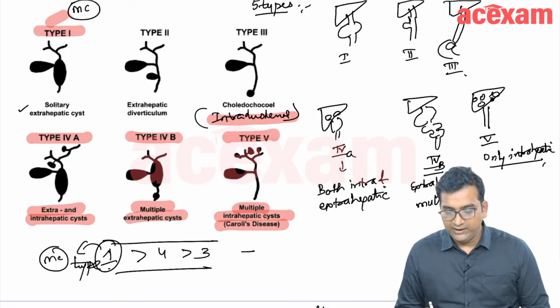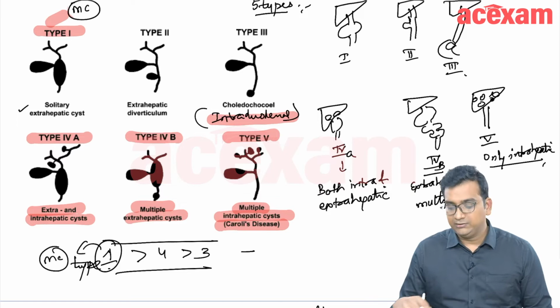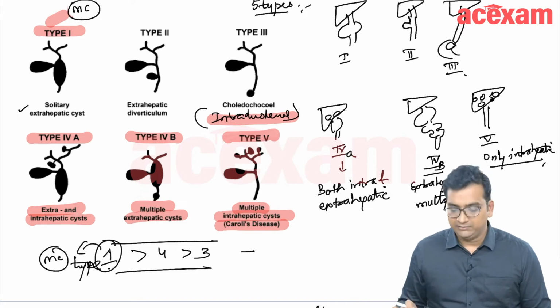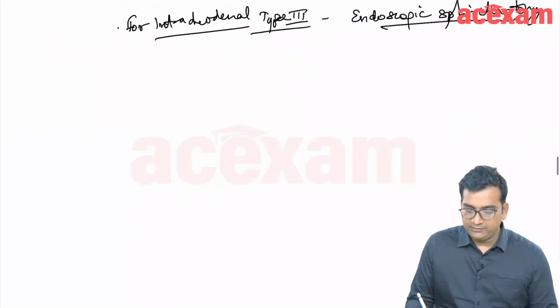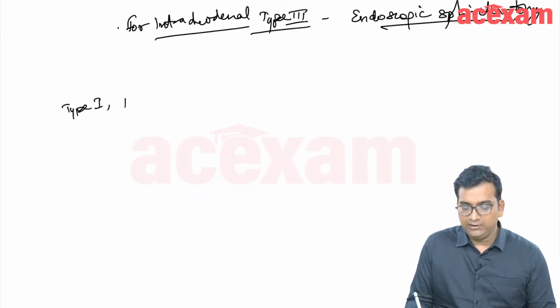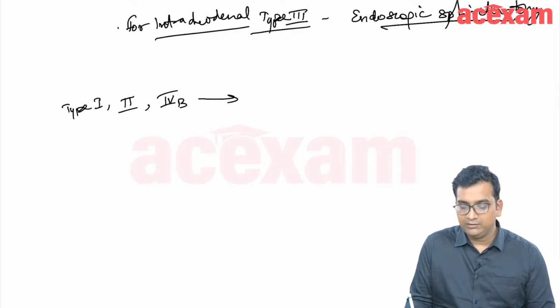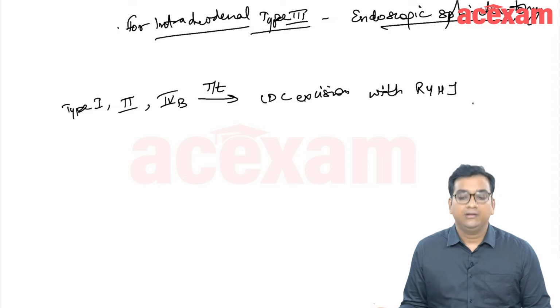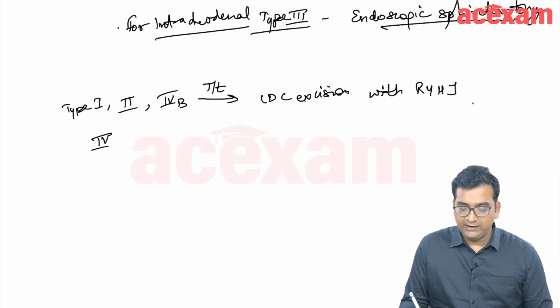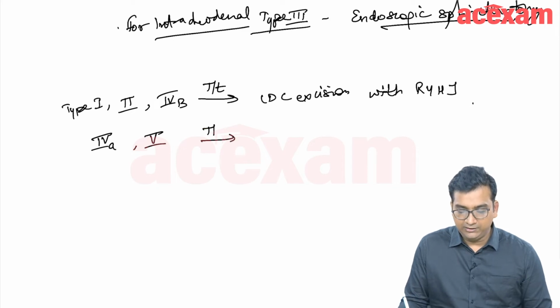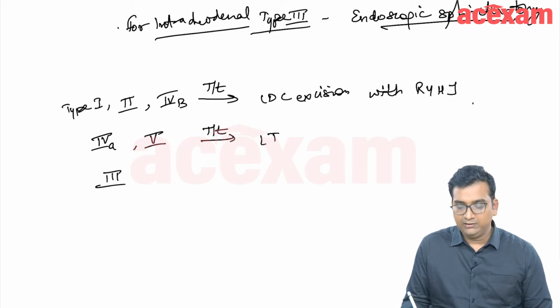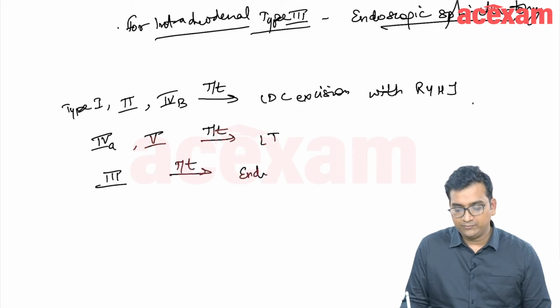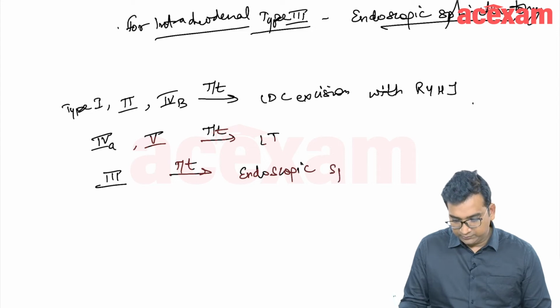For type 4A and type 5, as there is presence of intrahepatic biliary radical dilatation or choledochal cyst, the treatment should be liver transplantation.